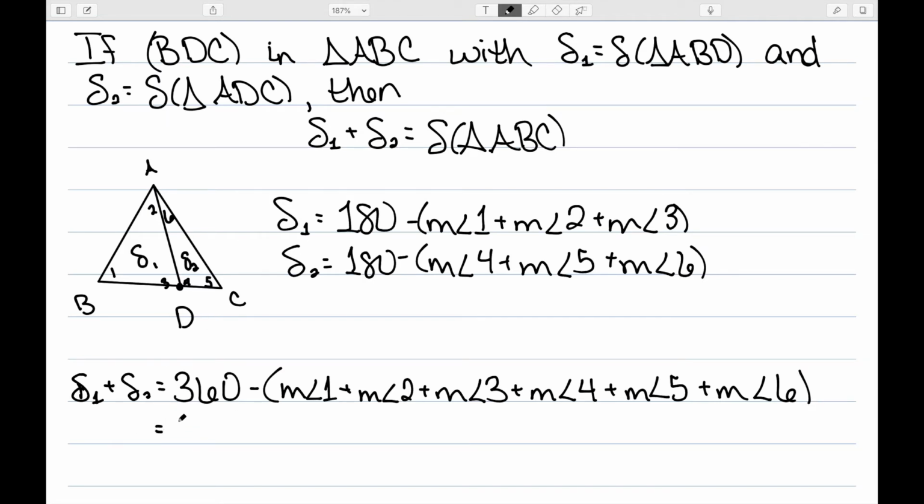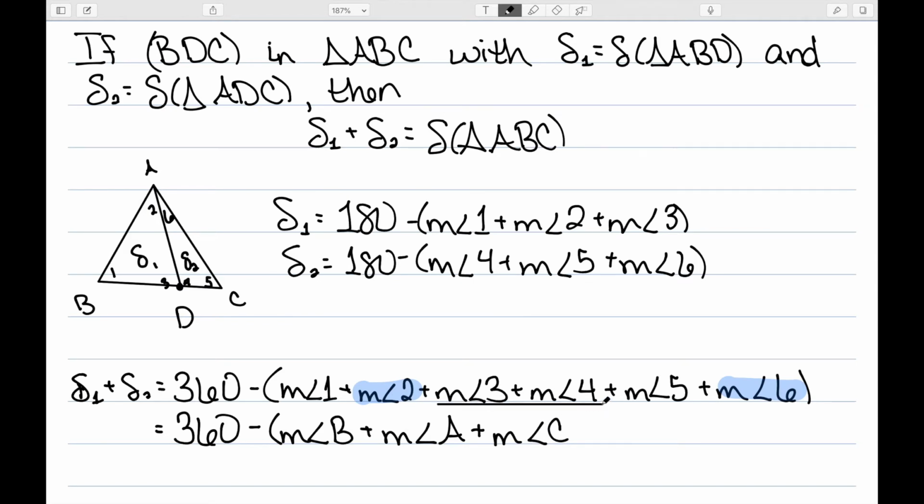Well, we know that this would be 360 minus the measure of angle 1, which is the same as angle B. We have that 2 plus 6 is the measure of angle A. 5 is the measure of angle C. And then we have these two right here. Measure of angle 3 plus the measure of angle 4 is 180, since those are supplementary.